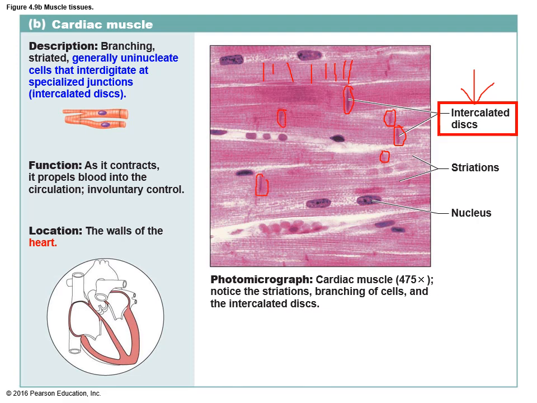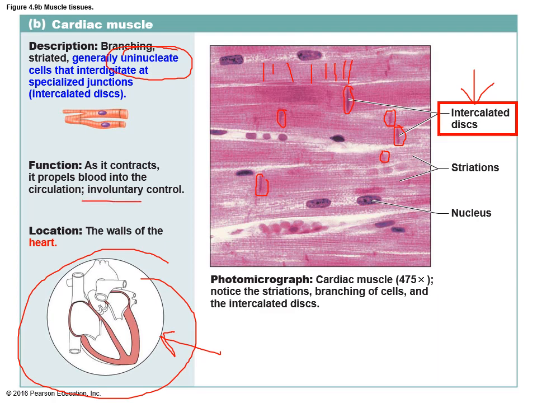These are called intercalated discs, and they are exclusively found within our cardiac muscle, which is exclusively found within your heart. Okay, so cardiac muscle is also striated. This one is uninucleated, and it has intercalated disc under involuntary control.